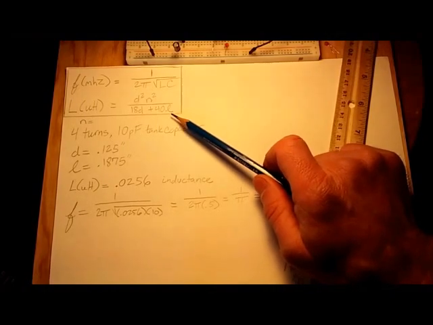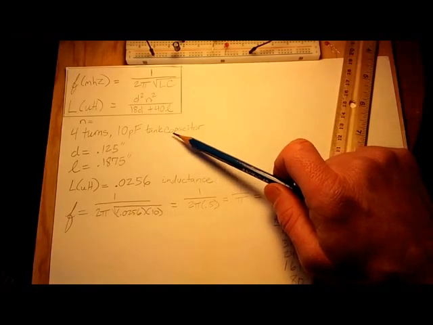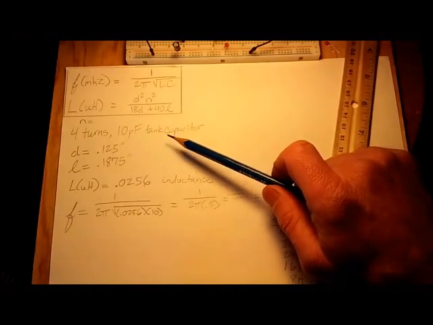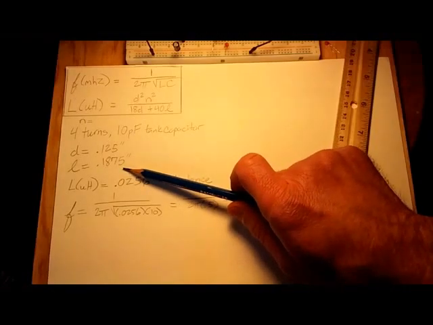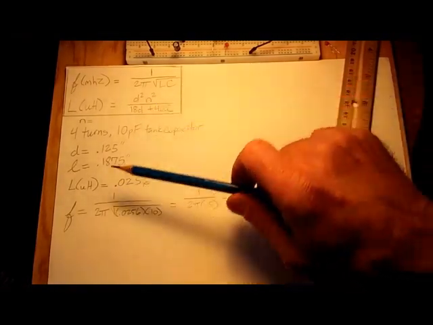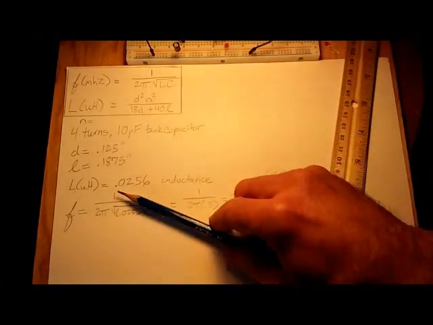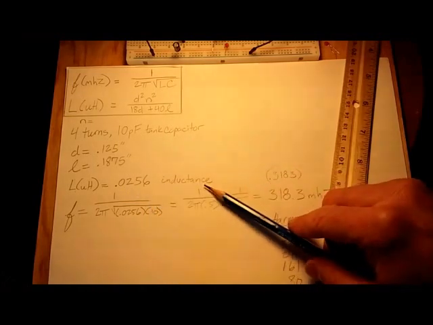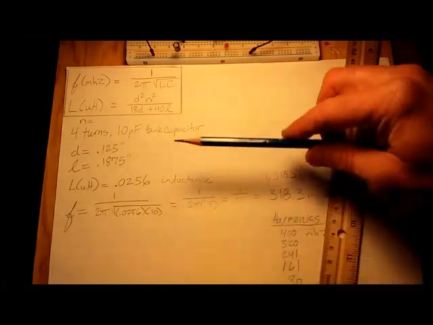coil, again in inches. Well, I've got 4 turns, a 10 picofarad tank capacitor. The diameter is 0.125 inches, the length is 1.875 inches. So plugging that into our inductance formula, the inductance on the coil on board the transmitter today is 0.0256 microhenries.